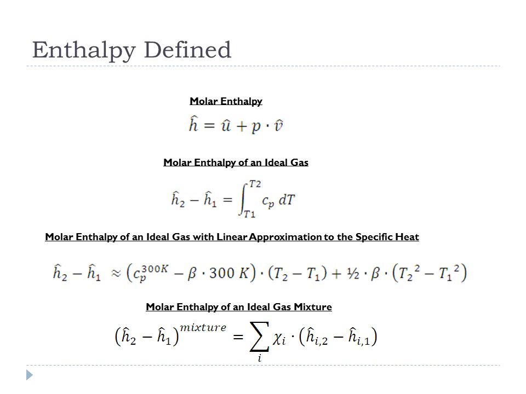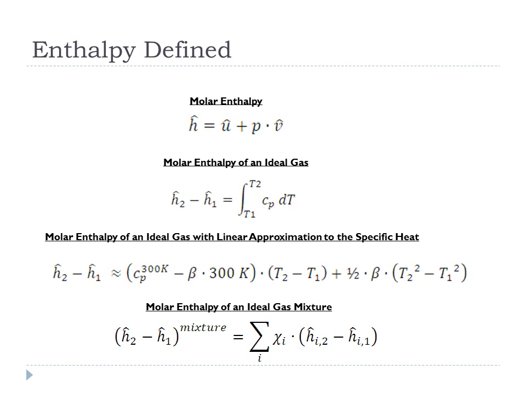Now, C sub P may be a function of temperature, so this may not be the easiest integral. But as we'll find out in a few slides, C sub P can often be approximated as a constant plus another constant times temperature. So C sub P often looks like C sub P at 300 K plus beta times T. When you put that into the equation, with a linear approximation of the specific heat for an ideal gas, you find that the change in enthalpy from state 1 to state 2 looks like this equation here.